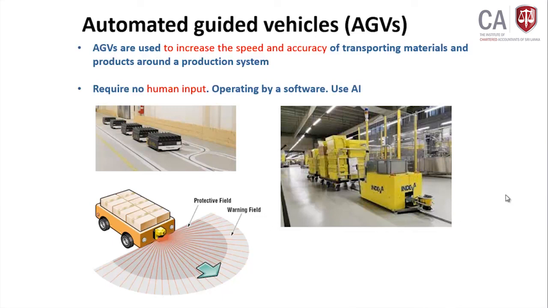When it is transporting a product to another location of the factory, it goes automatically. There is no need for human input, right? Without human input, the vehicles are automated and they will go. A self-driving car is also an example of this. If somebody comes in front, it will stop automatically. There are sensors that identify the vehicle or person and stop.